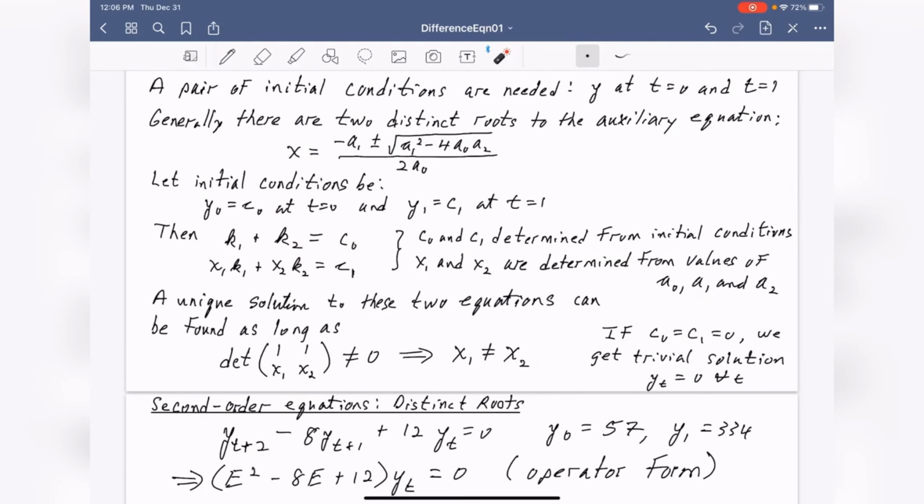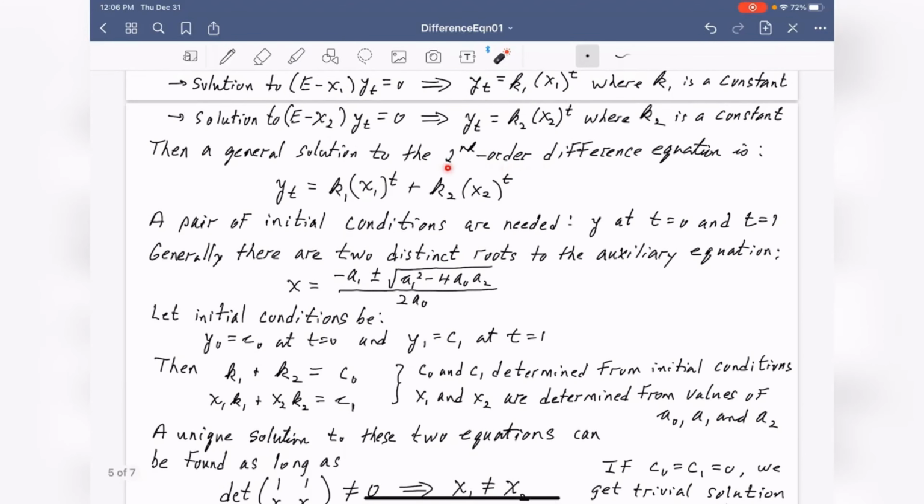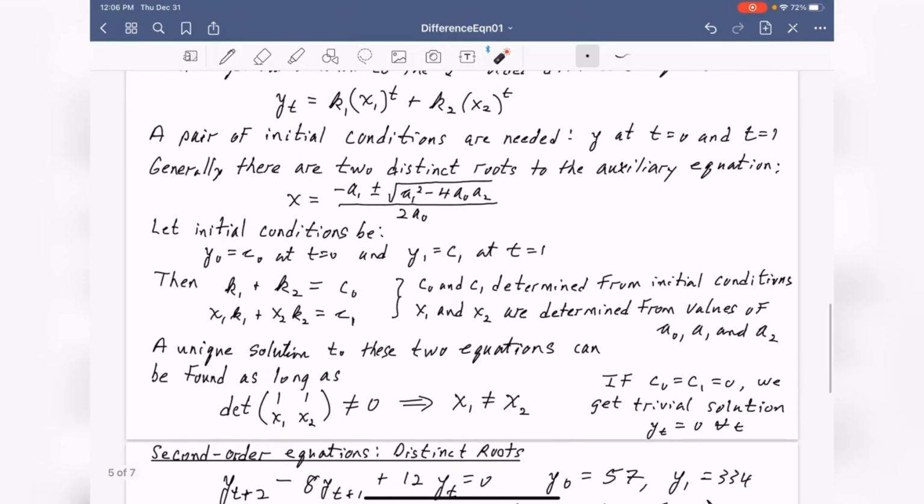So the determinant of the matrix 1, 1, 1, 1 here, and x1, x2, x1, x2, as long as that's not equal to 0, then this implies that x1 is not equal to x2. So if we have the condition that x1 is not equal to x2, then this general solution will hold, and we can find an answer.